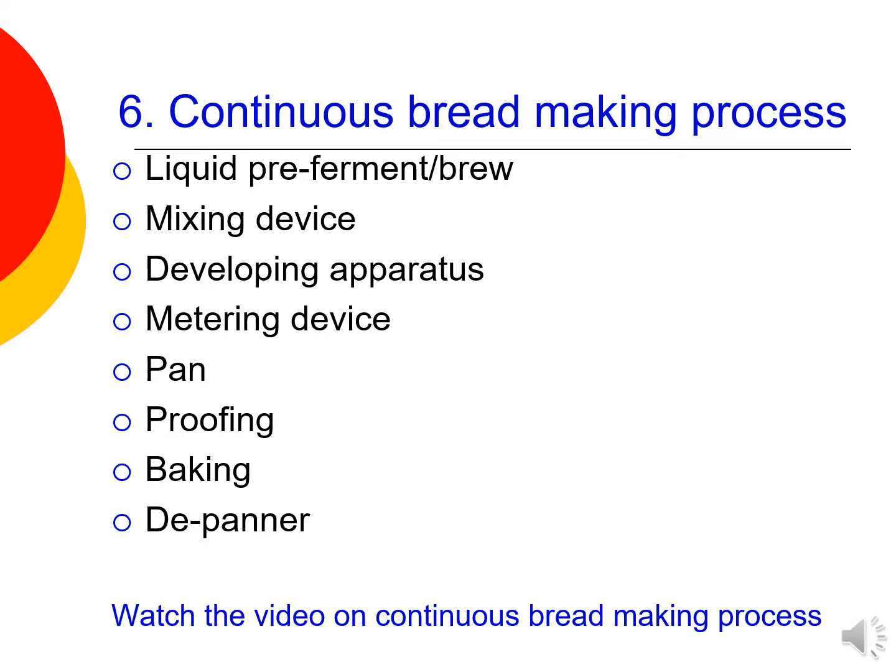In continuous systems, the dough is handled without interruption from the time the ingredients are mixed until it is deposited in the pan. The initial fermentation process is still essentially a batch procedure, but in the continuous bread making line, the traditional sponge is replaced by a pre-ferment called the broth or brew.